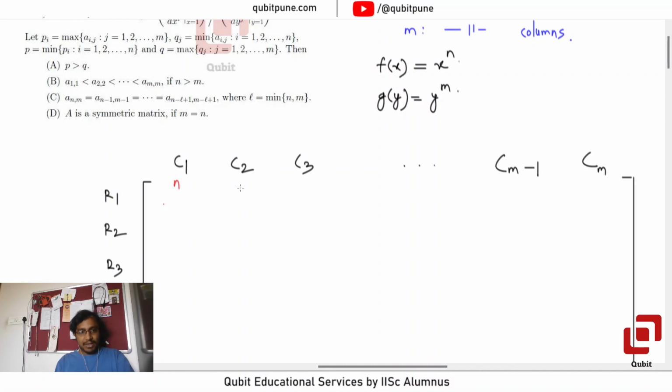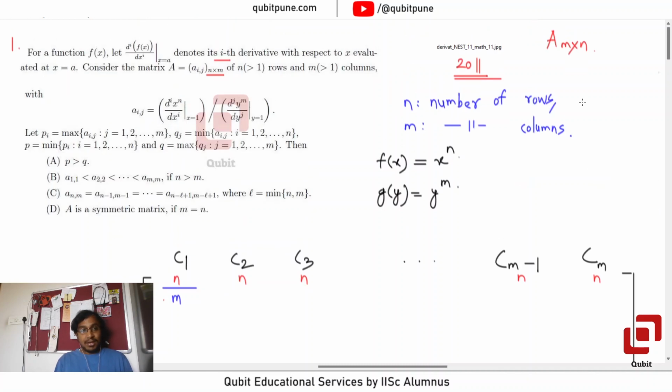So everywhere there I will have n, but in the denominator what will I have? We need to take the derivative of y raised to m, and so that is m into y raised to m minus 1. So I'll be just writing m because everywhere we want the derivative's value at x equal to 1 and at y equal to 1. So all we want is only the non-variable part or the constant part, like n into 1 basically, then n into n minus 1 into 1 and so on.